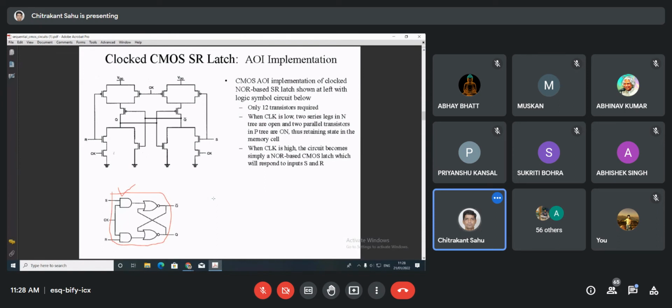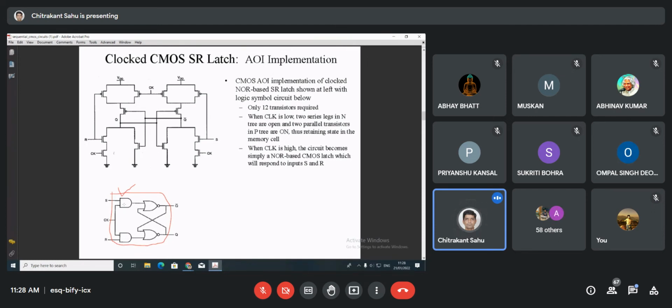So instead of using that, you can have another method, like you can see how they have built it. Earlier we had two inputs, now we have three inputs.